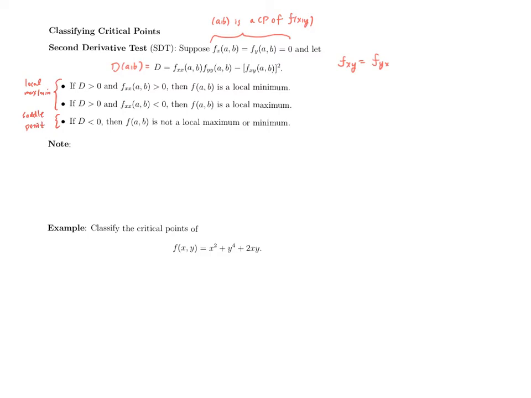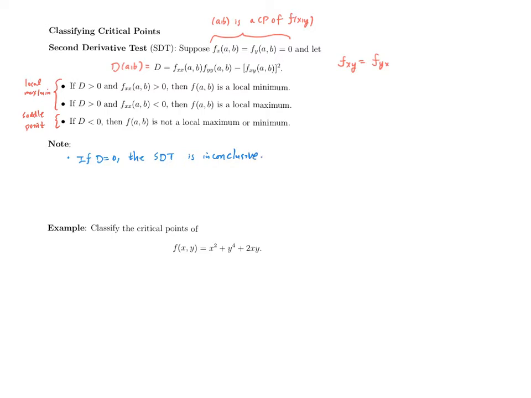And I'll also, before explaining anything else, note you may be wondering, D bigger than 0, D less than 0, what if D in fact equals 0? And it turns out that if D is equal to 0, the second derivative test is inconclusive.